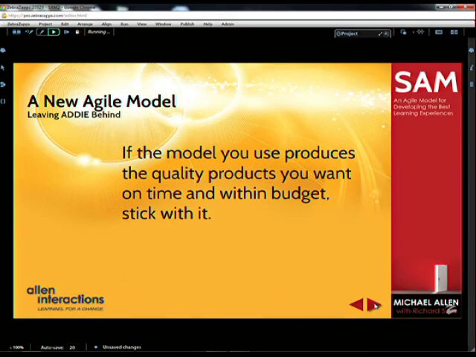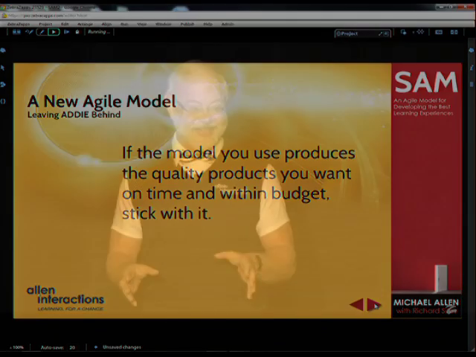Even though I may say some fairly unflattering things about ADDIE, I hasten to say to everyone, if you have a process that works for you, that produces the quality product that you want in the time frame that you've got with the resources that you've got, I think you're really fortunate, and you ought to stick with that process.